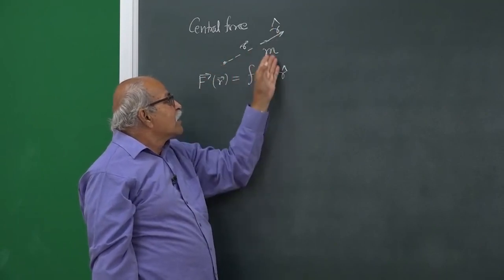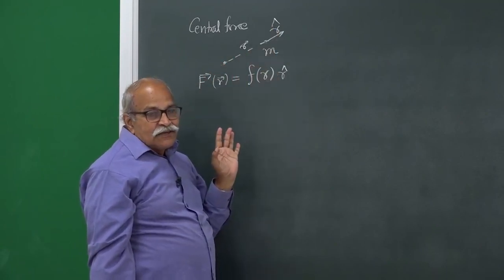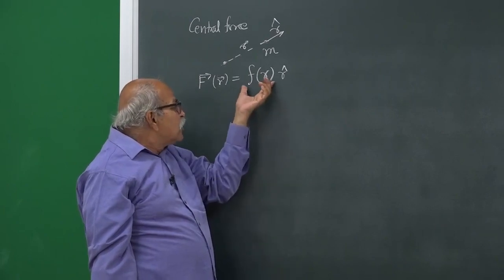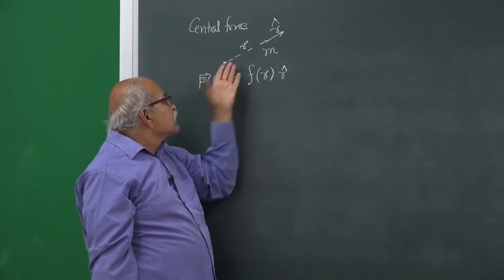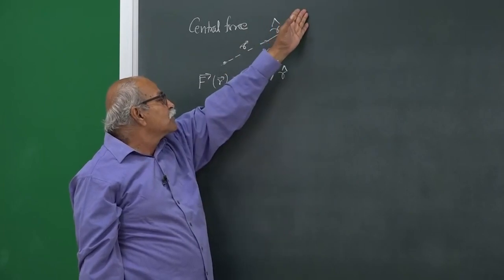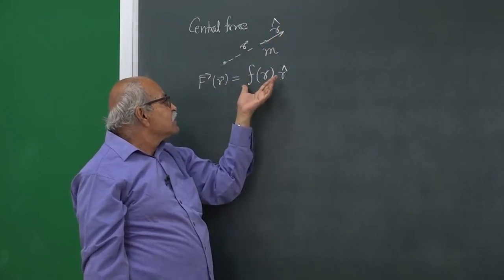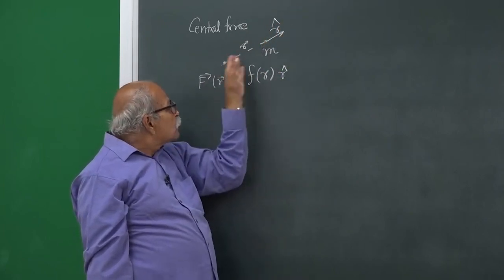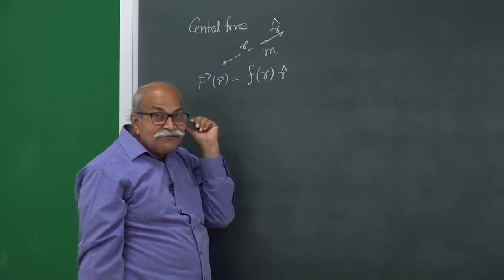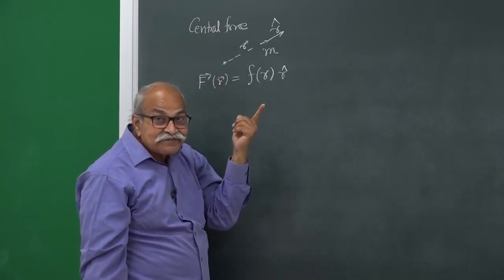So, this F r, if it is positive, then the force is away from the center of force. If this F r is negative, then the force is towards the center, attractive or repulsive.